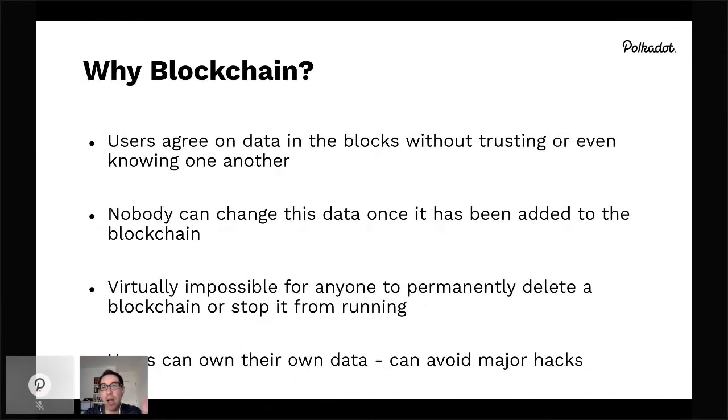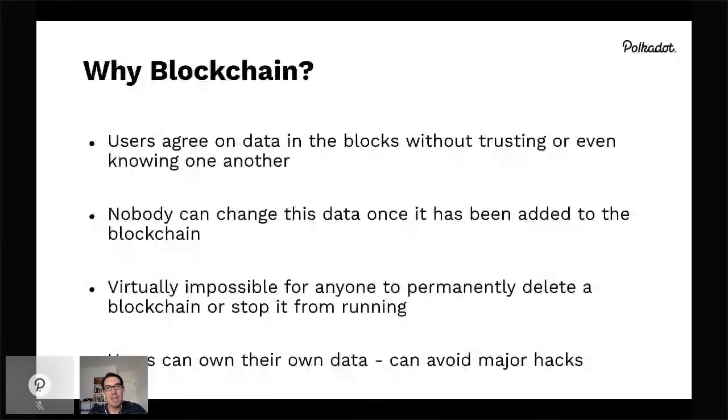Now, there are things that would cause it to run in a less performant scenario where things might take longer, but actually destroying all of that data and having a blockchain cease to exist would be really incredibly difficult. Okay, so I hope that answered your question.